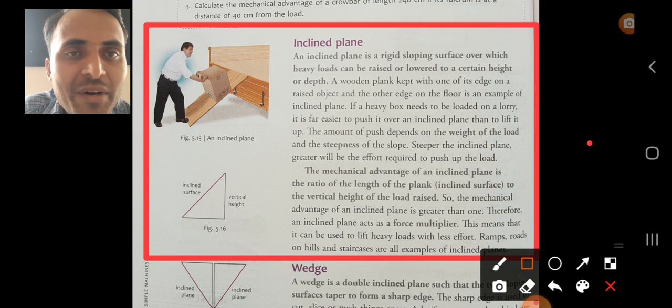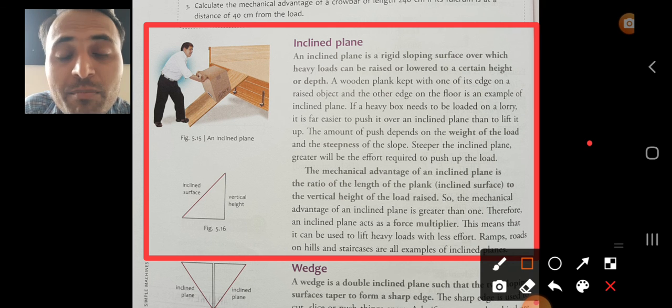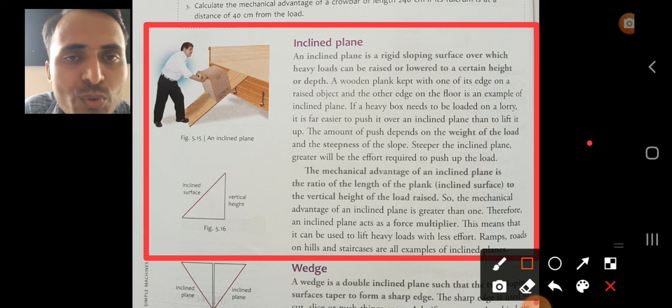So the mechanical advantage of an inclined plane is greater than 1. Okay, and it acts as a force multiplier. So this means that the inclined plane can be used to lift heavy loads with less effort. What are the examples of inclined plane?